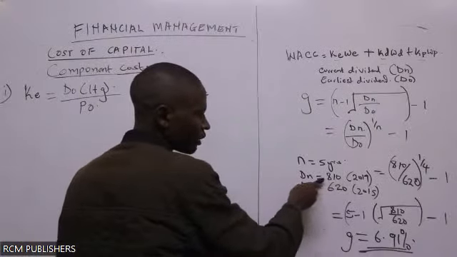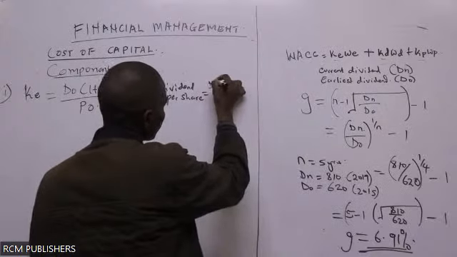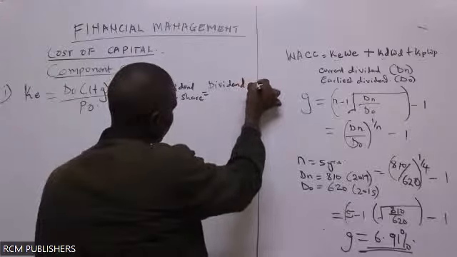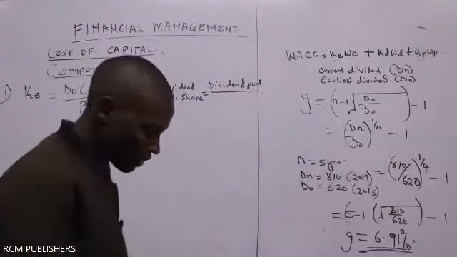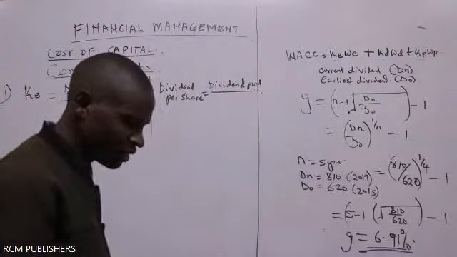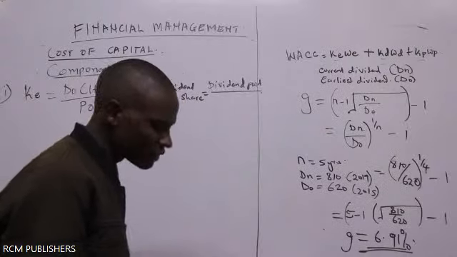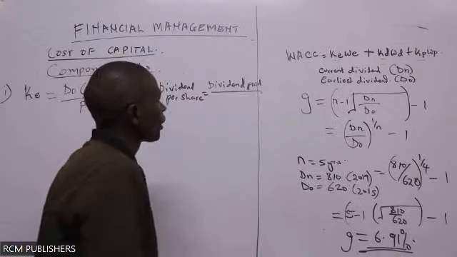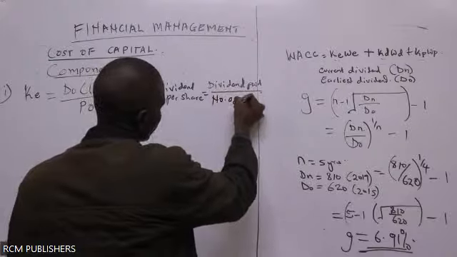First of all, I have to take the dividend paid in 2019, divided by what I'm given as the ordinary share capital, the 3 million. Yes, number of shares. Thank you very much. Number of shares.